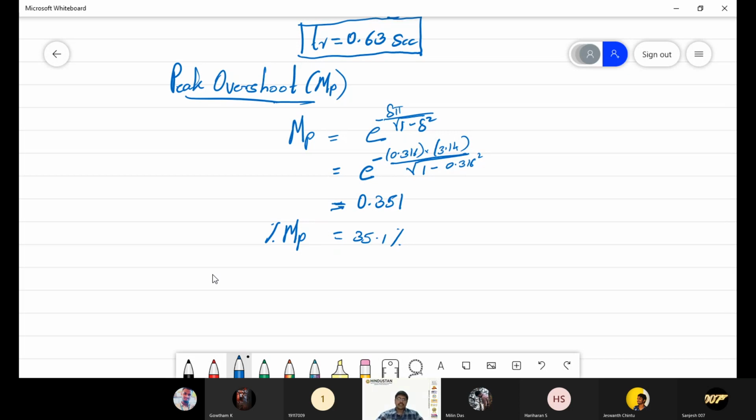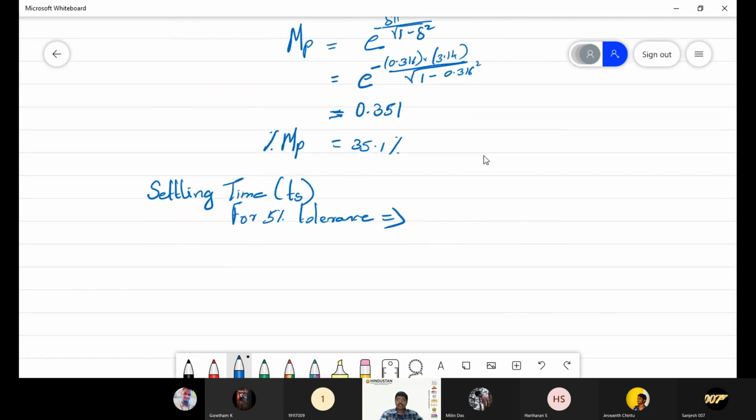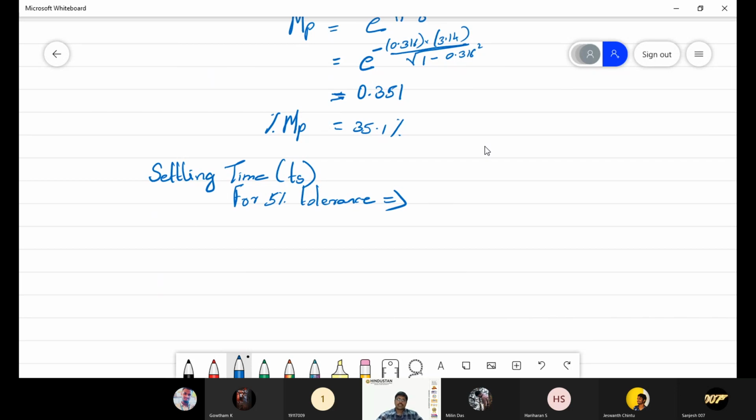Settling time is given as Ts, and for 5% tolerance, how will it be?